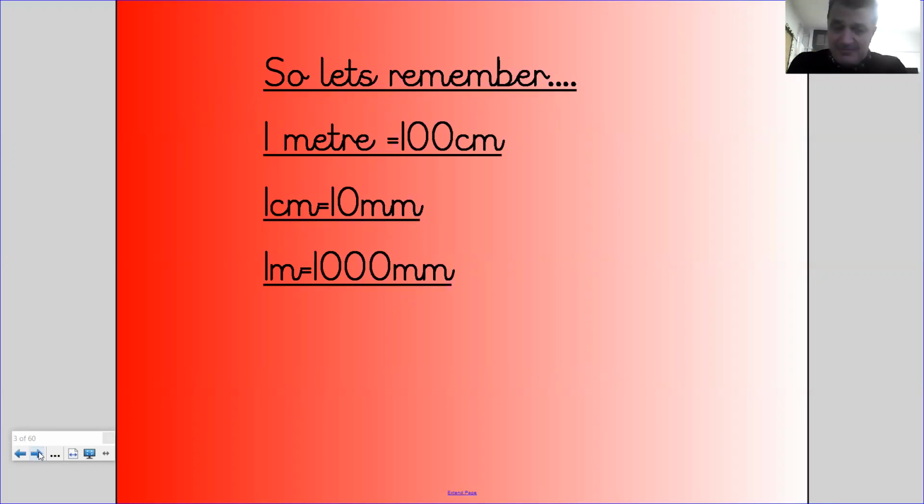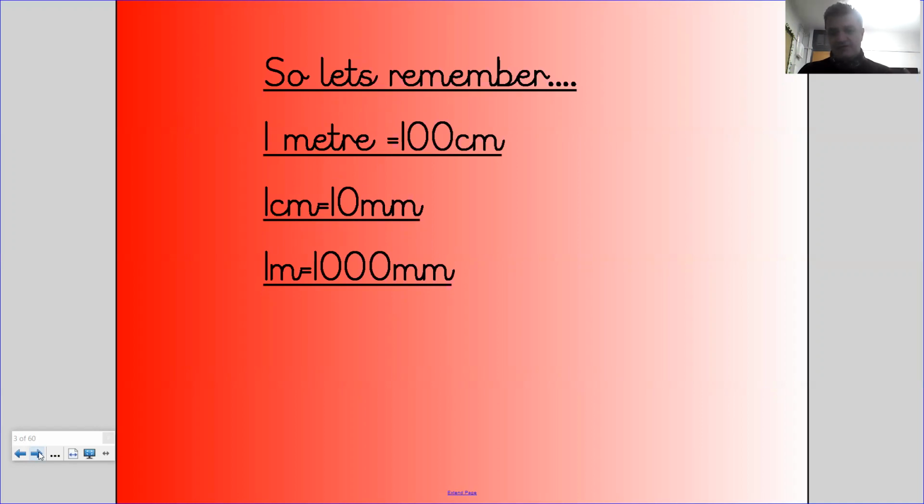This is really key information, and we really need to remember that. 1 meter is 100 centimeters. 1 centimeter is made up of 10 millimeters. If you look at your ruler, you will see there's 10 little millimeters in 1 centimeter. So 1 meter therefore is 1,000 millimeters.